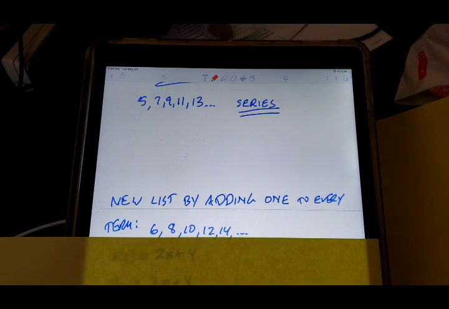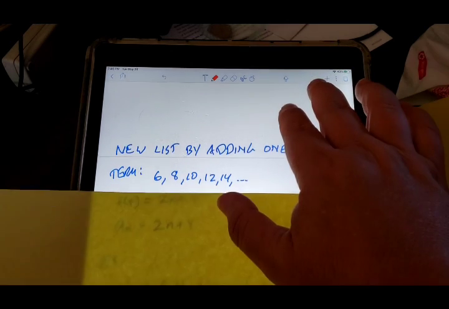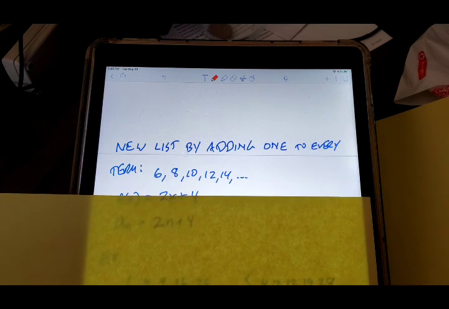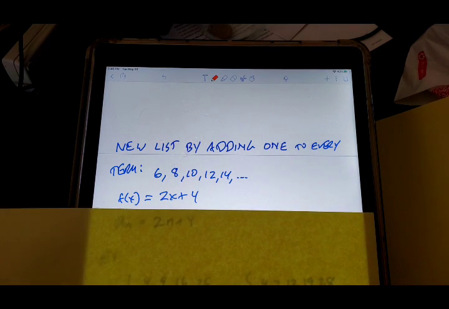So what could they ask us about this list? Well, there's quite a bit they could ask us about this list. 4 or 5 things. All right, but to connect this to chapter 2, they might ask us for the formula that makes this list. But they wouldn't ask us in chapter 2 notation.